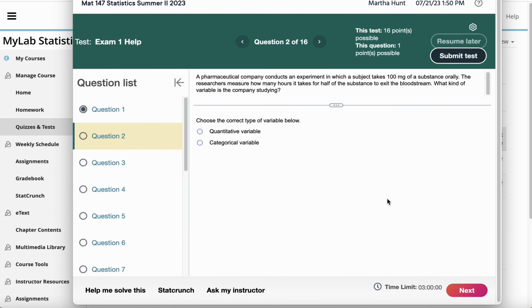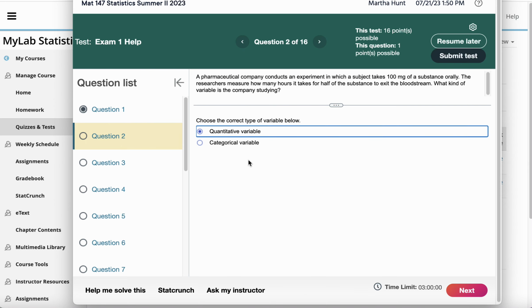What about a pharmaceutical experiment where a subject takes 100 milligrams of a substance orally and they record how many hours it takes to get into the bloodstream? What kind of a variable is this? Well, it has units, so it's quantitative.